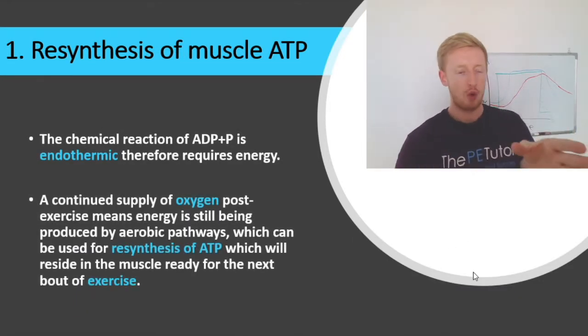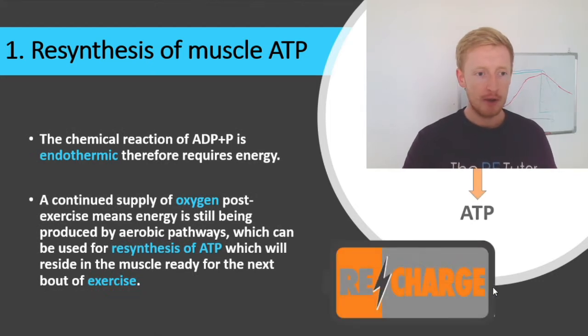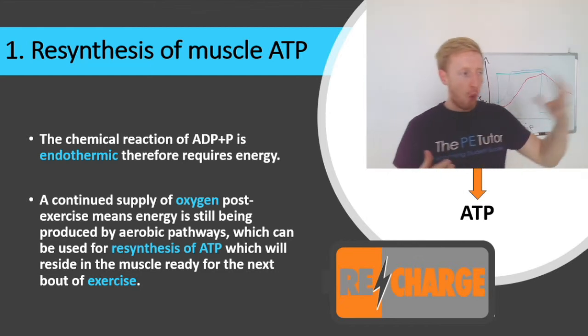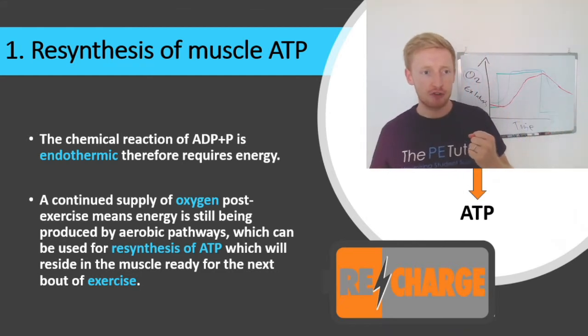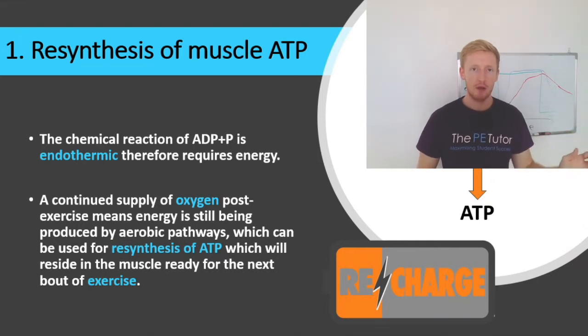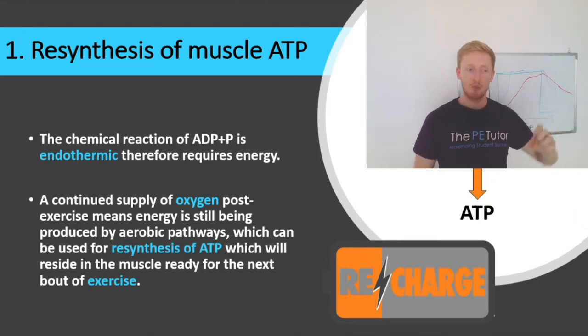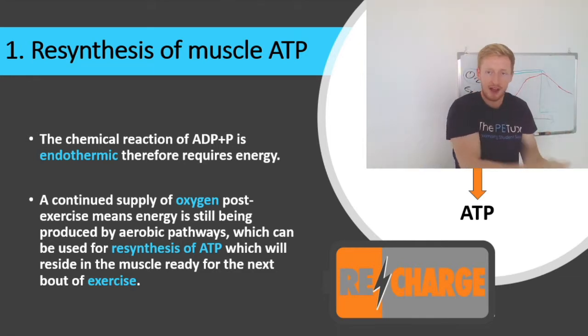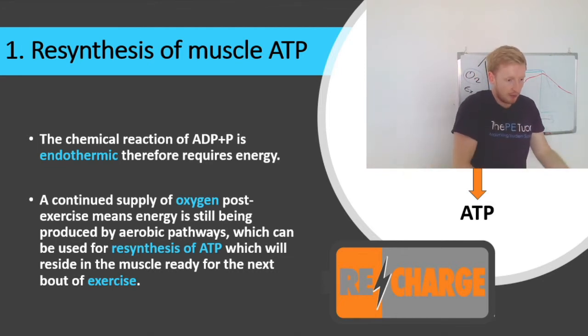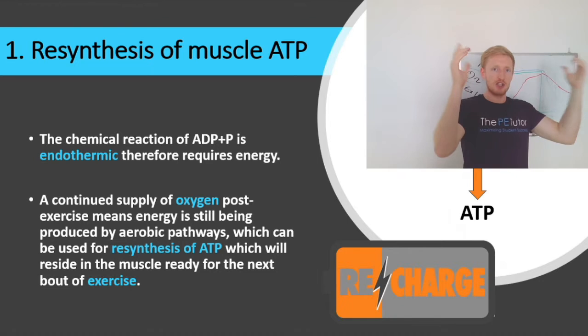Just like that equation there, ADP plus P, it's an endothermic reaction. So why do we continue to consume this excess oxygen? So that we can keep other energy pathways working in the background. Anaerobic, aerobic, breaking down glycogen, breaking down free fatty acids. We carry on breaking those down even though we've stopped exercising. We break those foods down and release exothermic energy. Why?